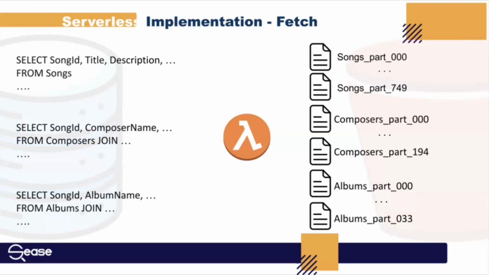The second reason is that if I split the source record set into multiple files, let's suppose here we have only 3 selects. If I create 3 files, then in the map phase I can process 3 files in parallel. If I create 3,000 files, I can go much faster in the second phase.